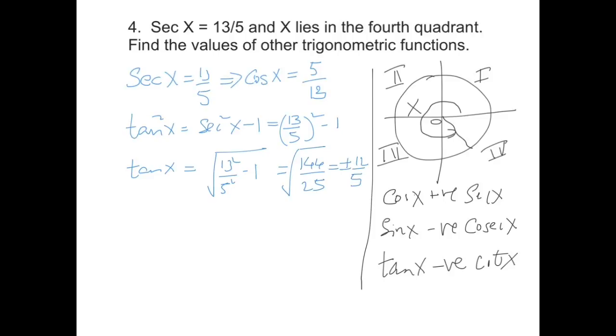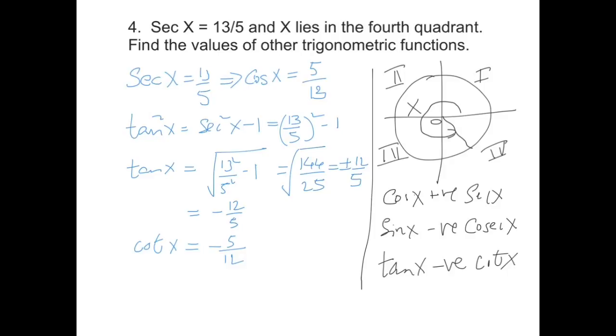Now we know that tan x is negative, it cannot be positive, so therefore we can say that tan x is minus 12 by 5, and therefore cot x is inverse of tan x, which would be minus 5 by 12.